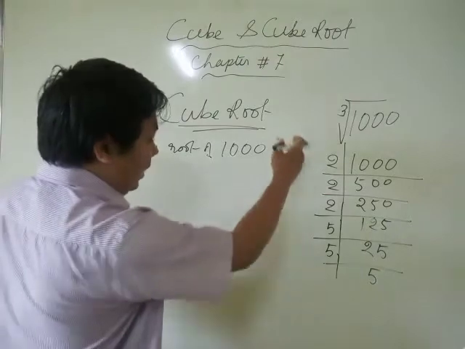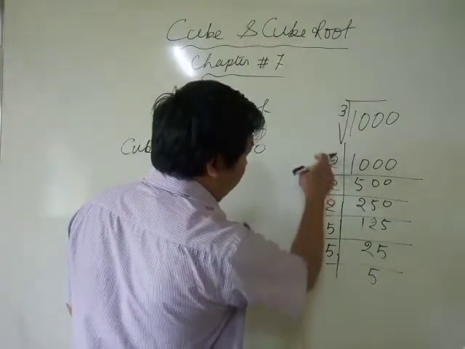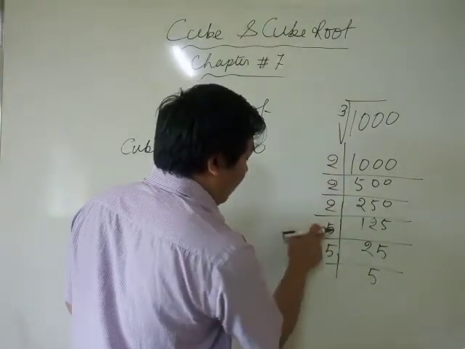So we got here that the prime factors of this 1000 are 2, 2, 2, then 5, 5, 5.